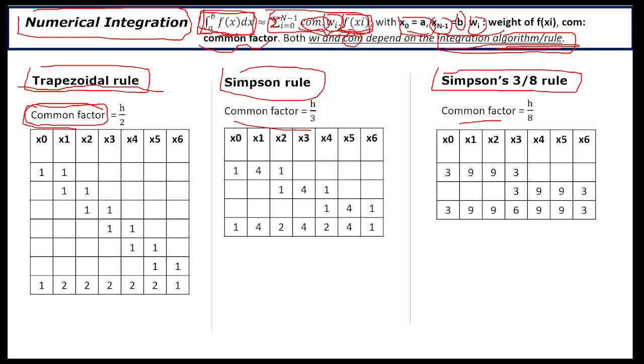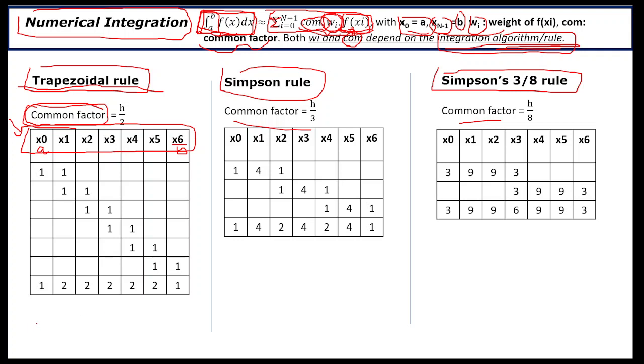For example, along this range, when x goes from A to B, I compute an array containing 6 discrete values, and x0 will have the value A, and the last x value, the 6th x value, will have the value B. So this is the range of x, and we need to find the weight for the corresponding f(xi).